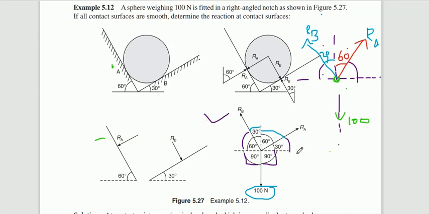What does Lami's theorem say? The force RA is directly proportional to the sine of the angle between the other two forces. For RA, the other two forces are RB and 100. The total is 90 plus 60, that is 150, is equal to RB divided by, what is the angle between the other two forces for RB?